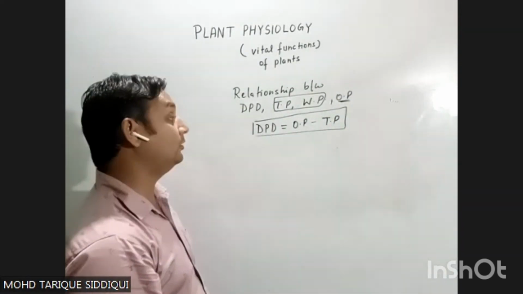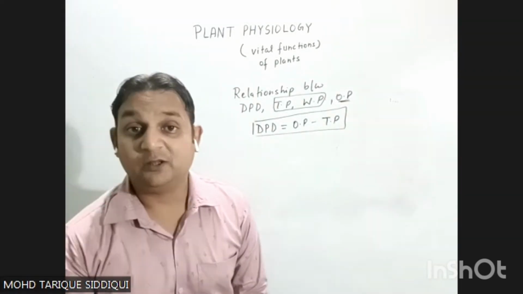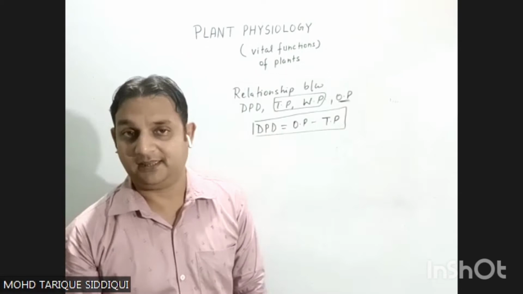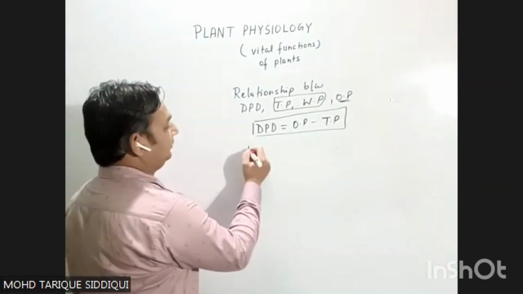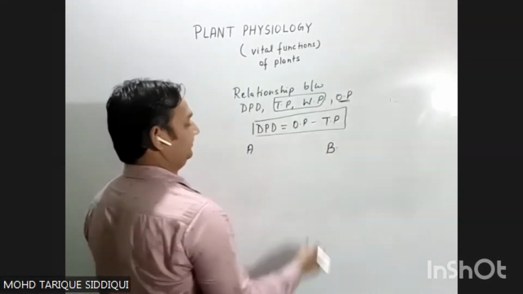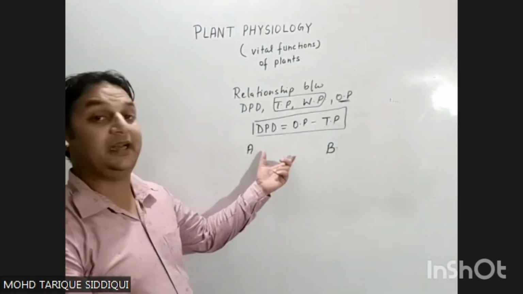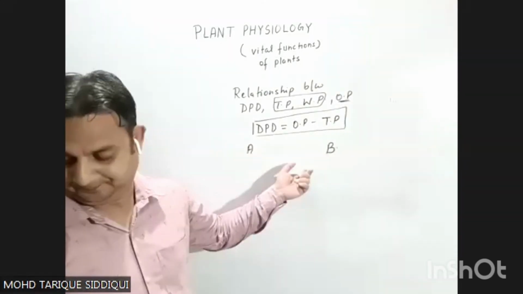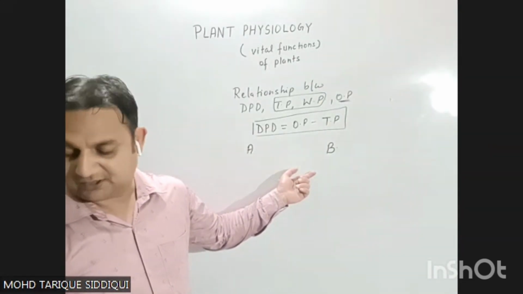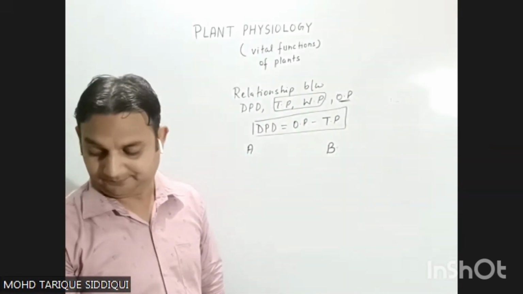Now note down one of the numericals we have. There are two adjacent plant cells A and B, in which the osmotic movement of water is going on.